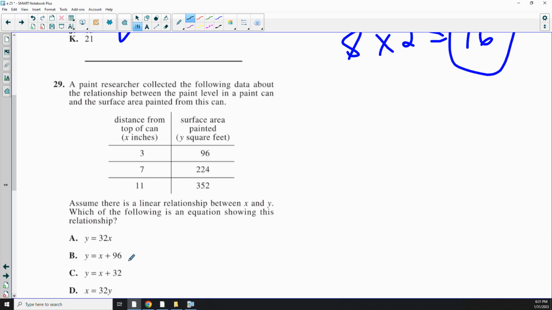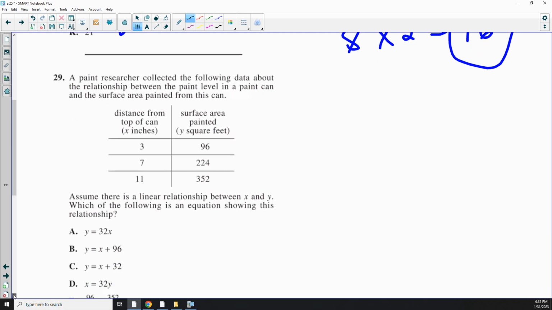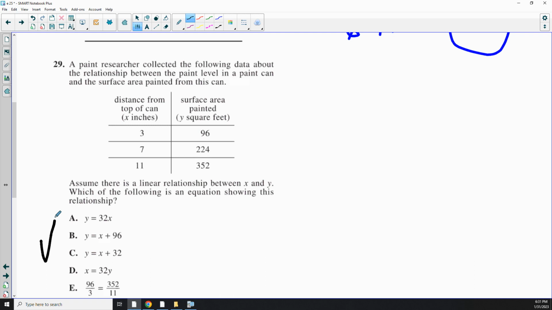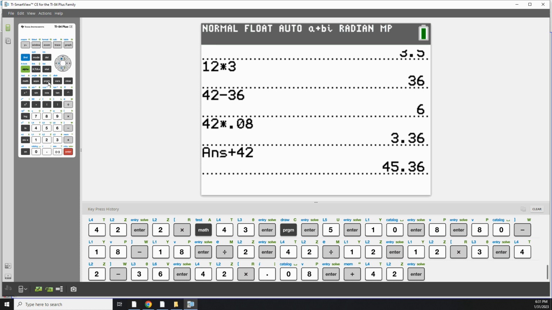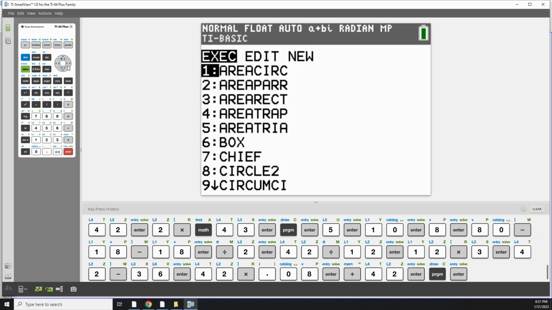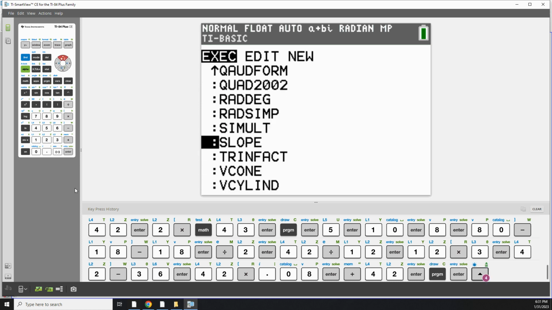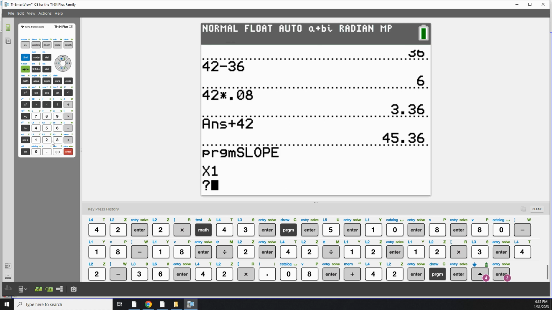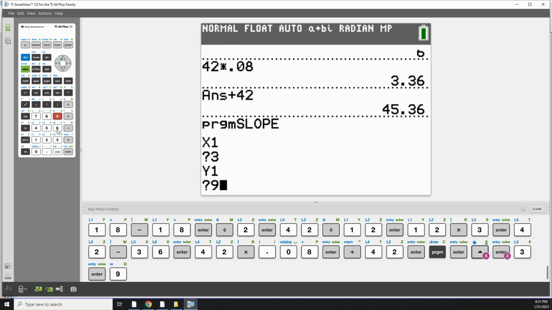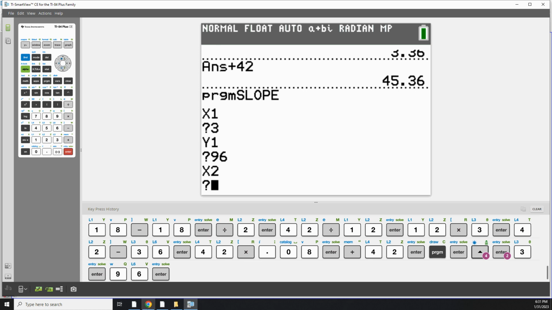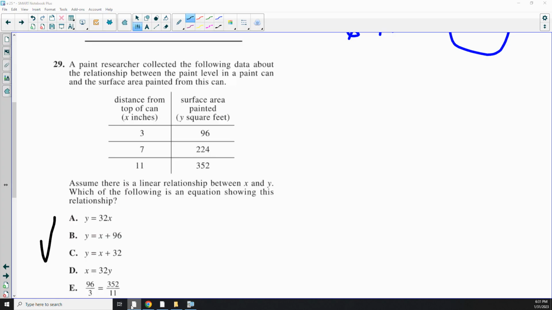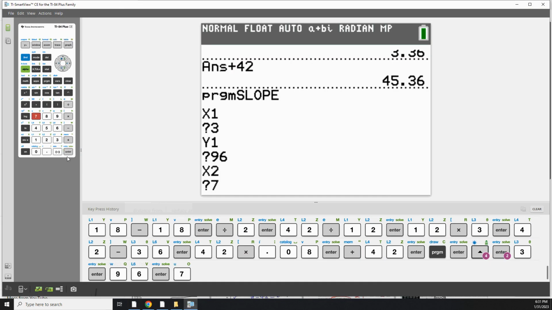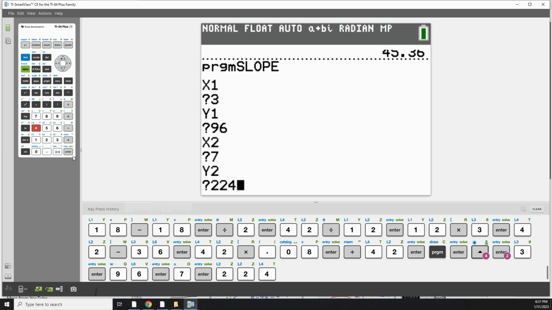Believe it or not, you can use slope for this. All the answers are linear ratios. So we'll go 396, 396, and the second one 7,224.